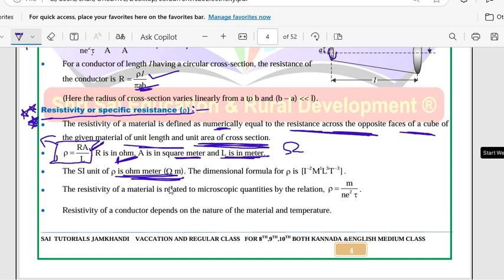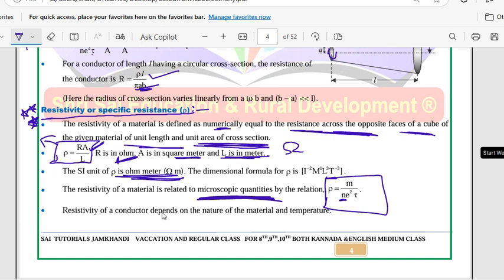The resistivity of the material is related to microscopic quantities by the relation rho equals small m divided by n, the number of electrons, e squared, and tau, the relaxation time.